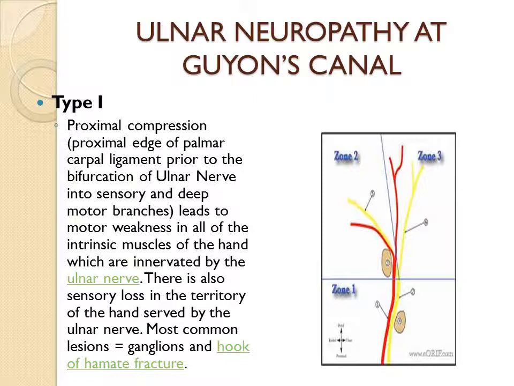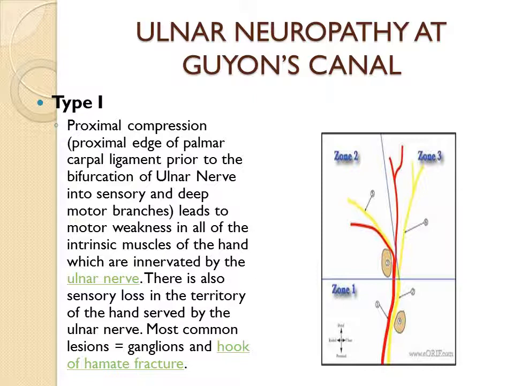So, for example, it would lead to motor weakness in all of the intrinsic muscles of the hand, at least those that are innervated by the ulnar nerve. And then there would be sensory loss in the region of the hand served by the ulnar nerve, which would be the entirety of the medial aspect of the palm, the entirety of the pinky finger and the ulnar aspect of the ring finger.